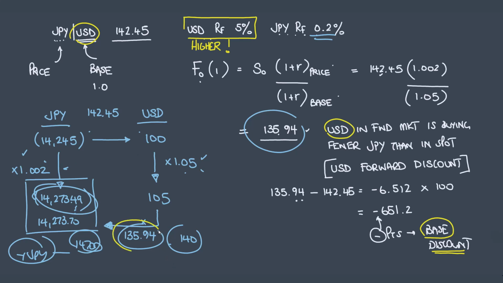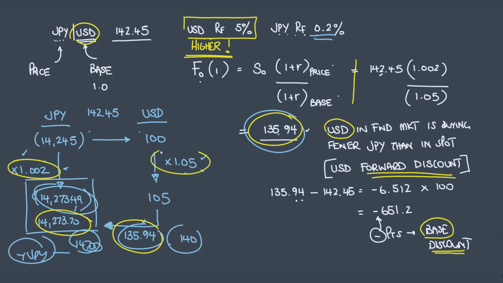So this has to be the no arb forward rate. This is the no arb forward rate from this calculation, which means the currency with the higher interest rate will trade at a forward discount. Why? Because the interest rate differential will be offset by a discount in the forward rate to make sure you don't make those arbitrage gains.